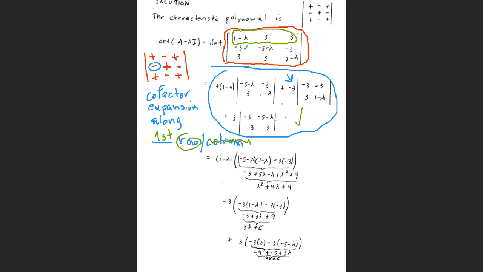Now you have 2 by 2 determinants here to compute. So what MyMathLab is going to want is a polynomial. So you have to compute those 2 by 2 determinants like you see here.